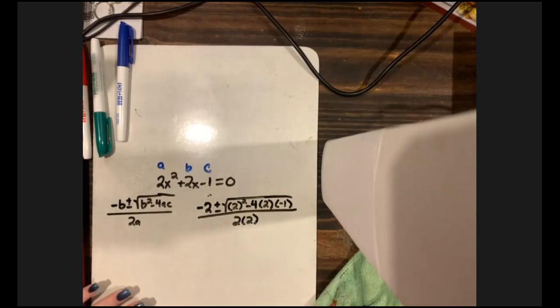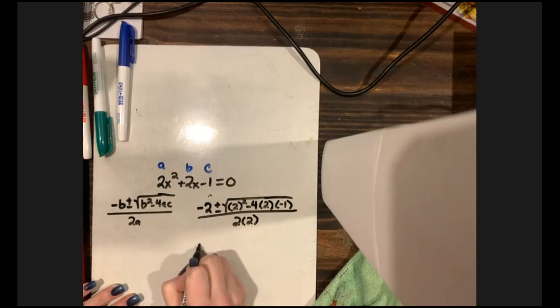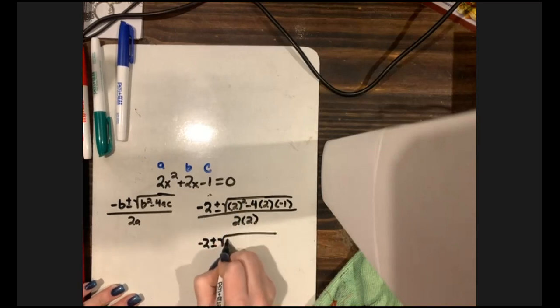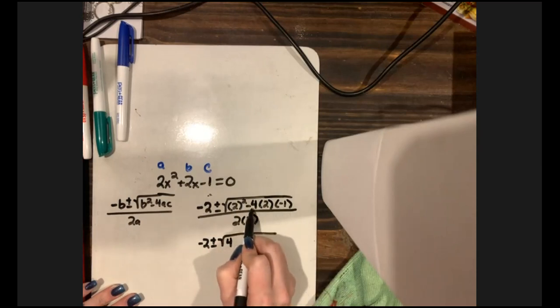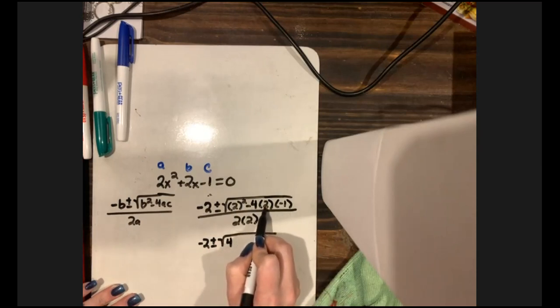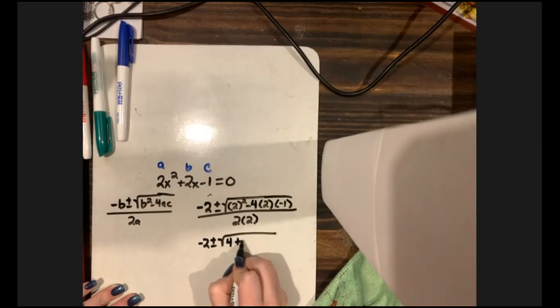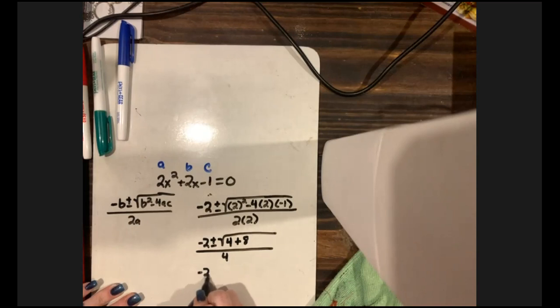Now we're going to do a little bit of cleanup here. I've just got the negative 2 still sitting up here on the front. I've got 2 squared is 4. Negative 4 times 2 is negative 8, times negative 1 is positive 8, over 4. So I've got negative 2 plus or minus the square root of 12 divided by 4.